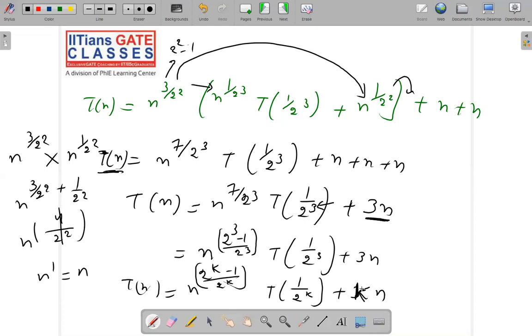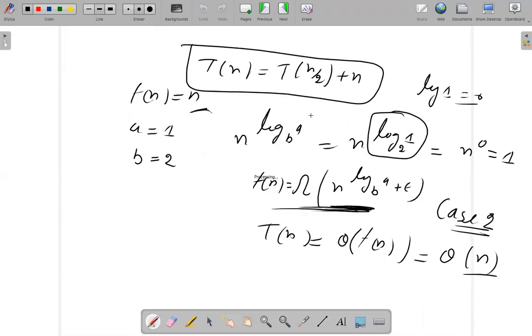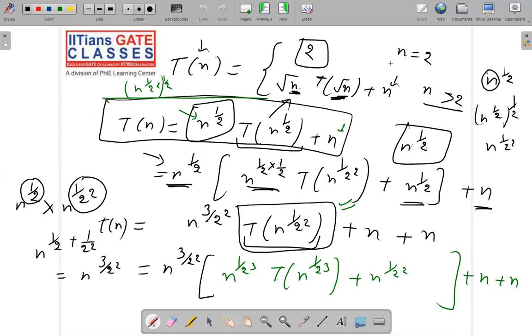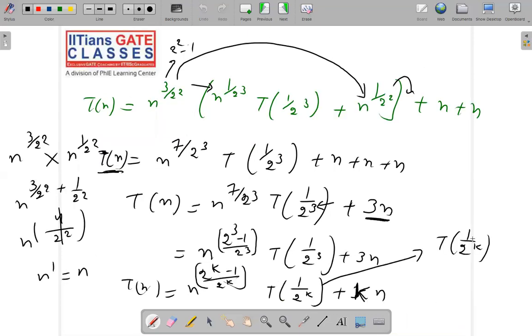Right? Now, what is the value of k? Suppose this is T 1 upon 2 raised to power k. If you check the base condition, it says this n is 2. We are saying that we iterated this k number of times and this has become T2. So n raised to power 1 upon 2 raised to power k becomes 2, right?